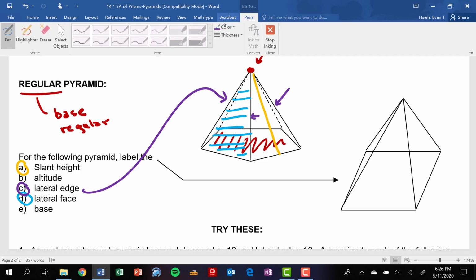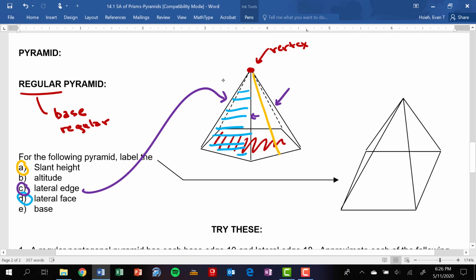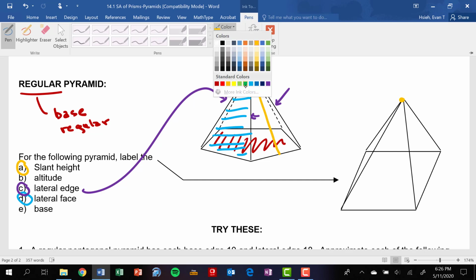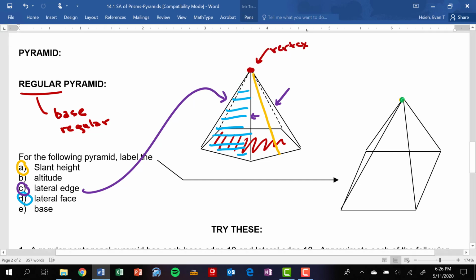The altitude of a pyramid is going to be from the vertex straight down, and it's going to be right dead center of the regular polygon that is our base.